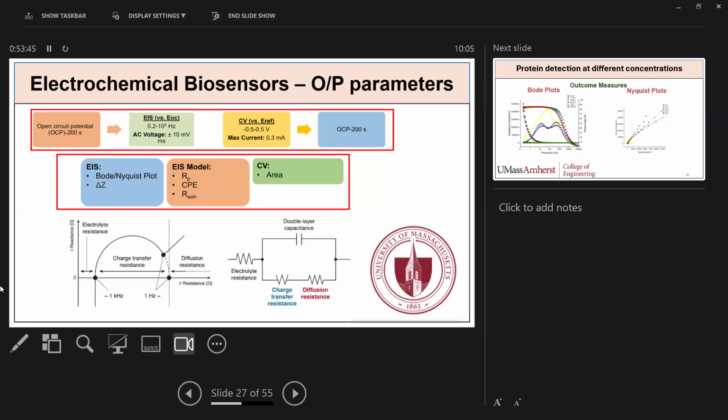So you can imagine how many parameters I am getting for one particular protein. And I am going to do that protein in triplicates, right? So with just one protein in triplicates, I would say I receive more than 10 output parameters from a single electrochemical study.